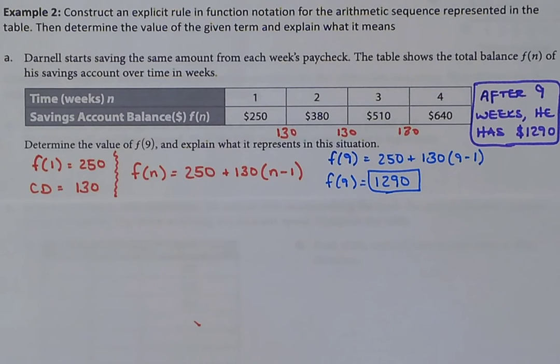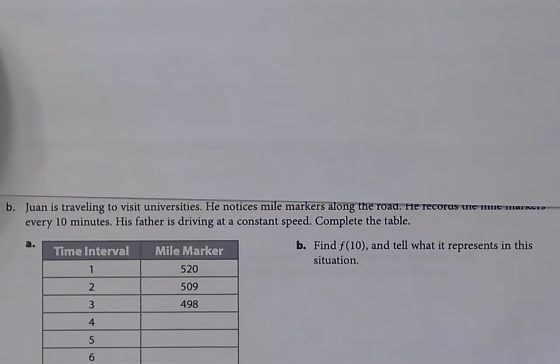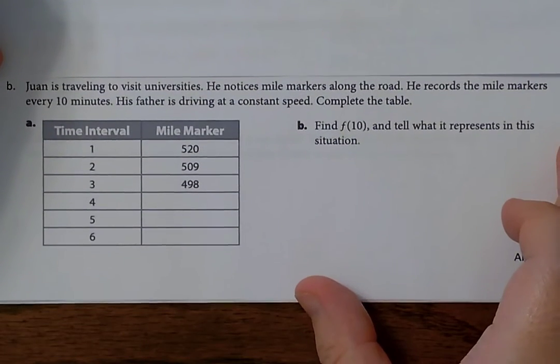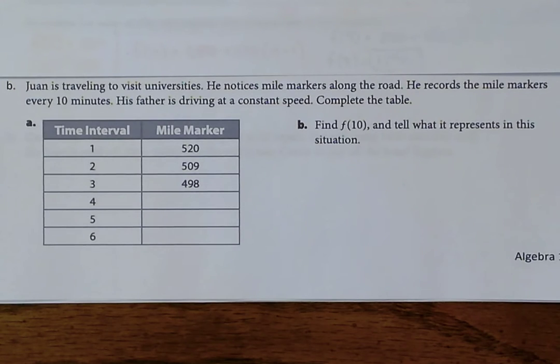Okay, so that is part A. Part B, I will run through this problem with you guys as well, just to give you guys more exposure to this. All right, so for part B, we need to do the same thing.